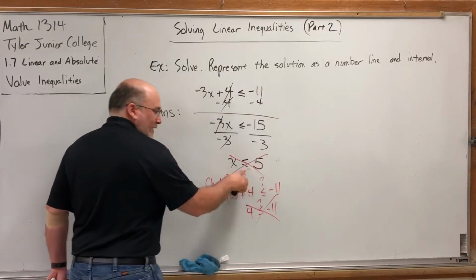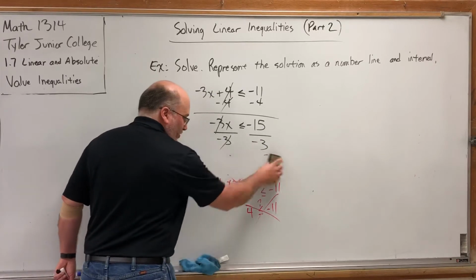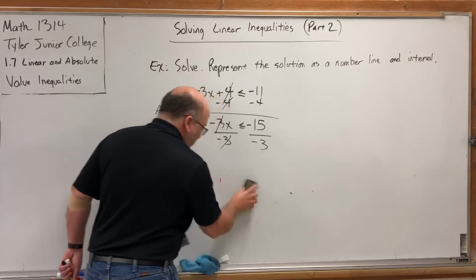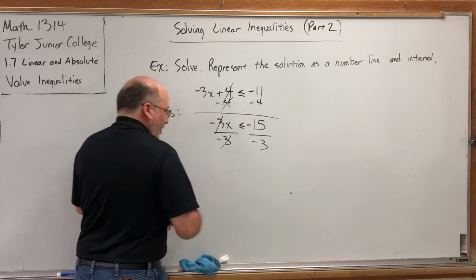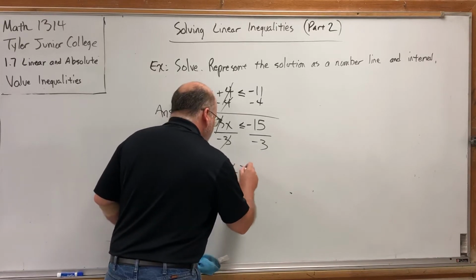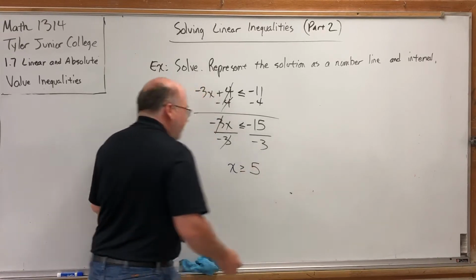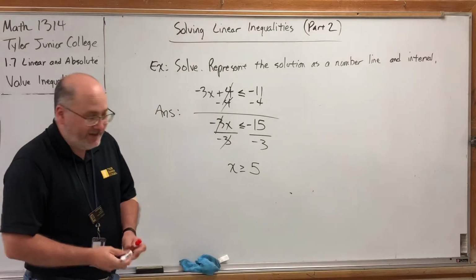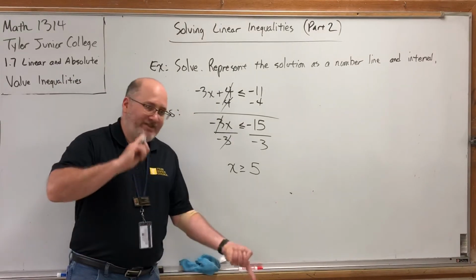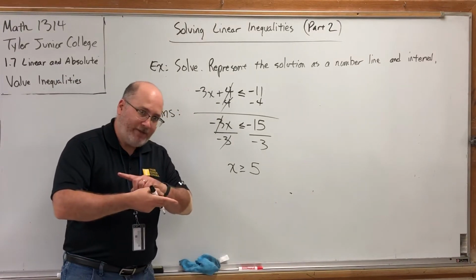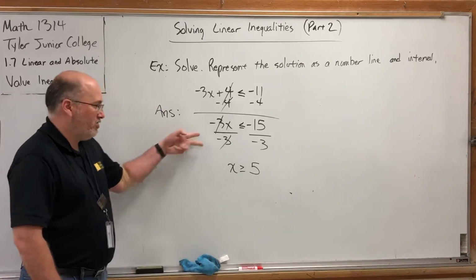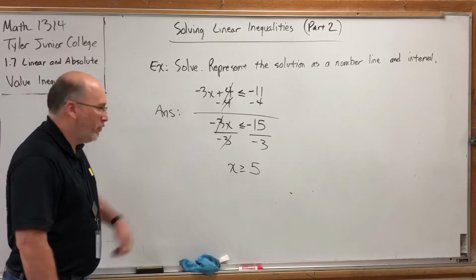I was just justifying that this inequality symbol was incorrect. It should have been the other way around. But I get the feeling a lot of you already knew that. Because a lot of you know the move that says now is the time to reverse the inequality. And that move was the last one we did, dividing by -3.